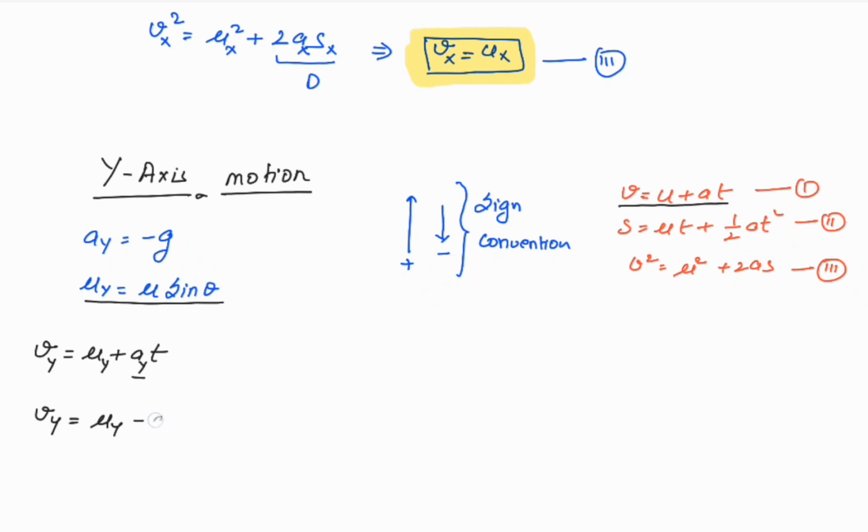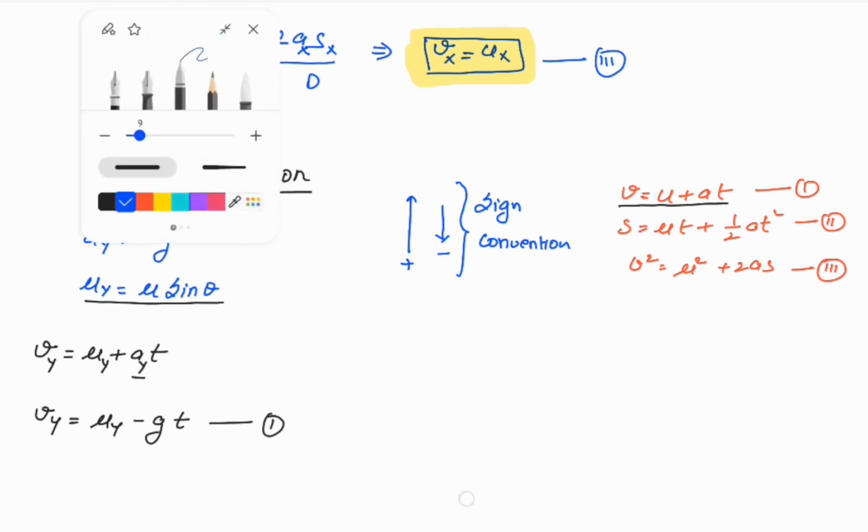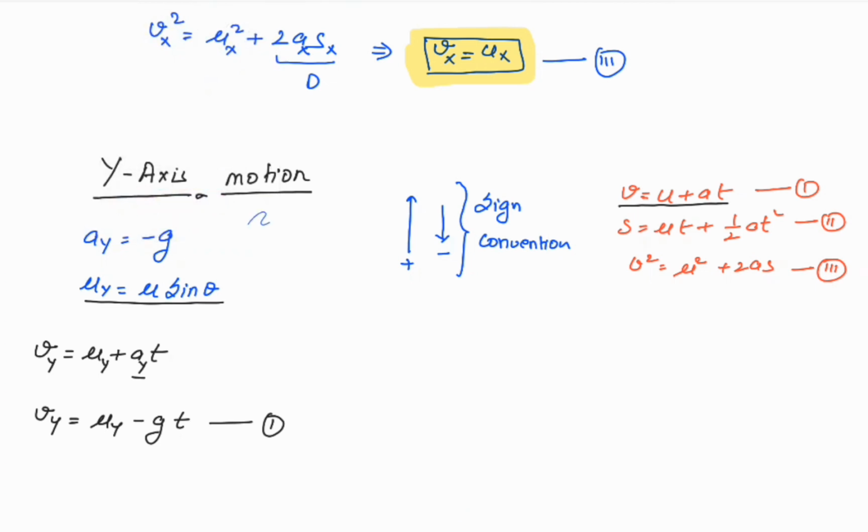This is minus g, and this is t. This is the first equation for the y-axis. Instead of u of y, you can write u sin theta.